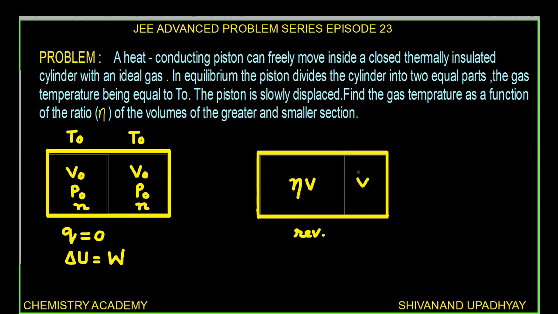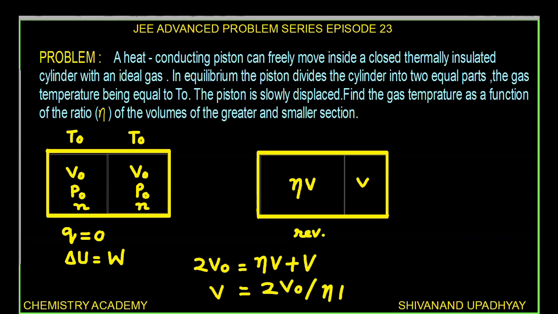So I can calculate the volume of the smaller section and the volume of the greater section in terms of V naught, because the volume is conserved. We can write that 2 times V naught, the total volume of the system, is equal to eta V plus V. From here we get the value of V. V, the volume of the smaller section, is equal to 2 V naught upon eta plus 1.